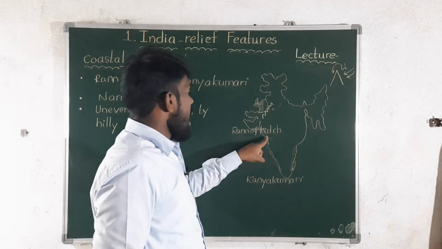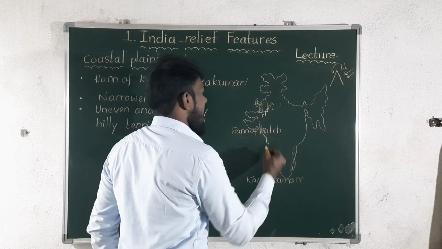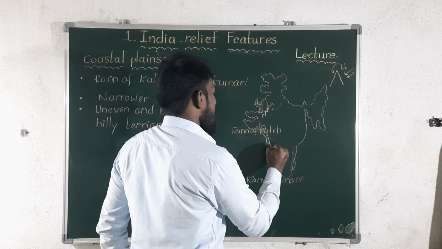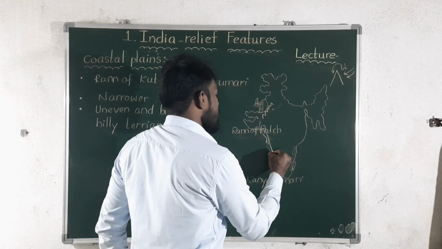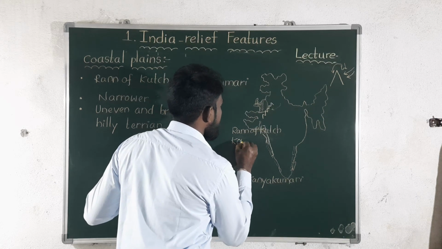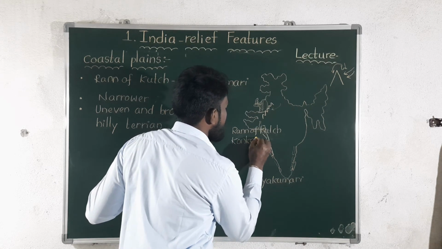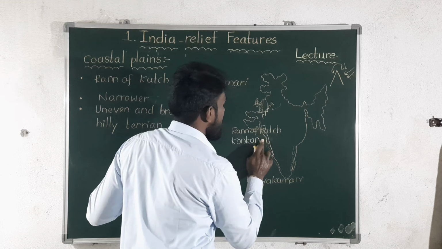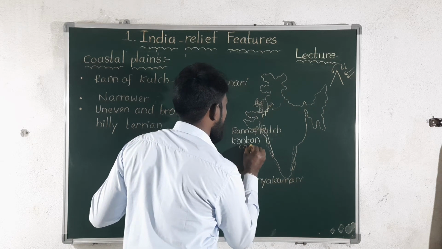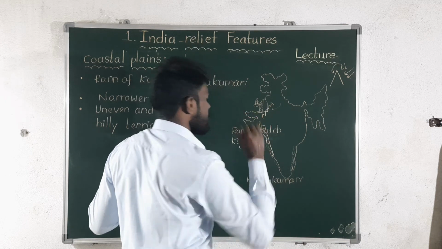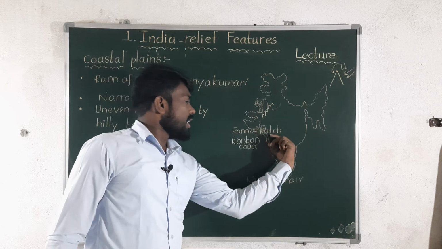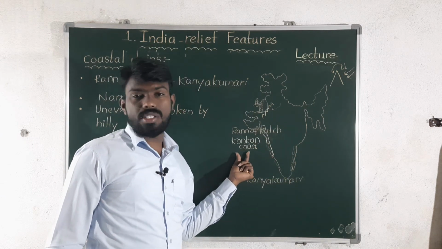The coast from Maharashtra to Goa is called the Konkan Coast.